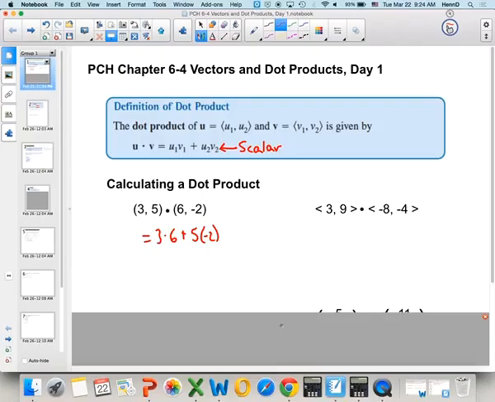So 3 times 6 is 18. 5 times negative 2 is a minus 10. So that equals 8. The dot product equals 8.